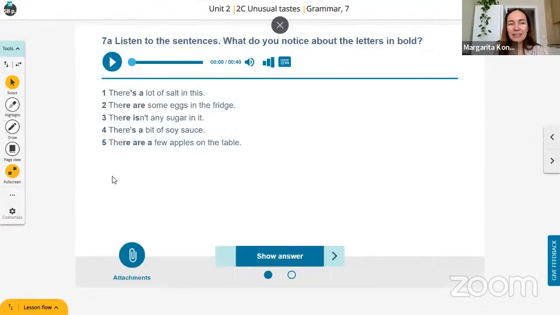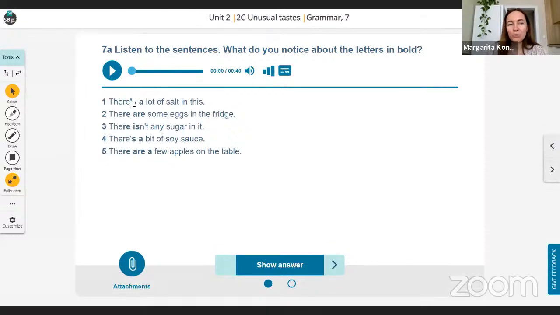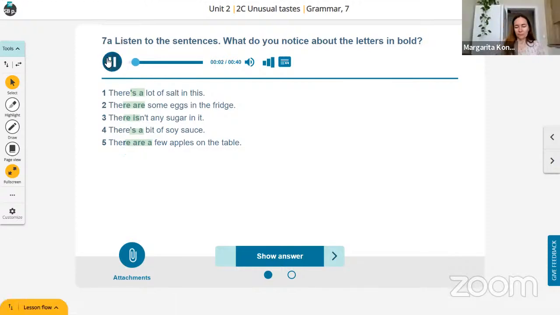Here we will try to notice how we pronounce these phrases. You see they are in bold, these parts. Please listen and say, how do we pronounce them? Do you hear two words or do you hear them together? So first listen and check how we pronounce. Unit 2, Recording 8.